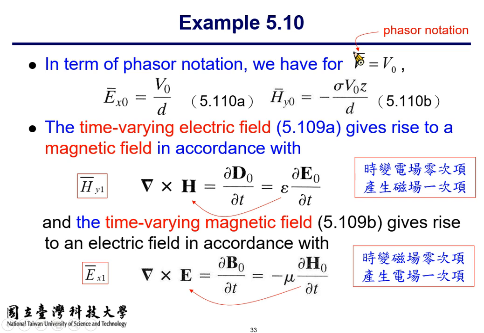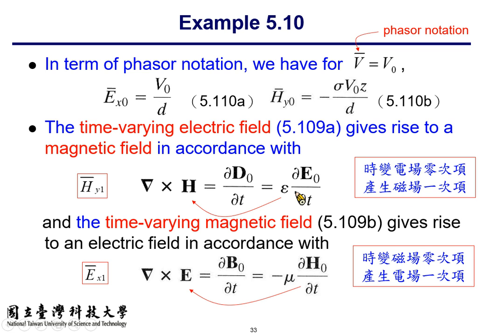The cosine omega t term is not explicitly shown, but you should know that it's there. Okay? The exponential j omega t term is there. We just don't write it out. So that's the zeroth order electrical field, zeroth order magnetic field.